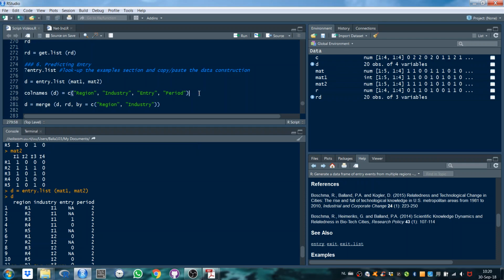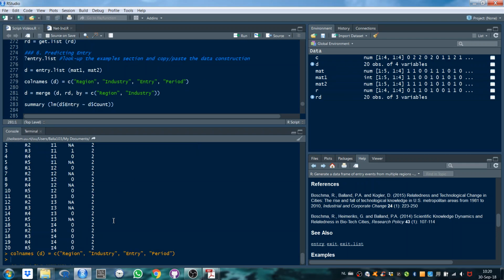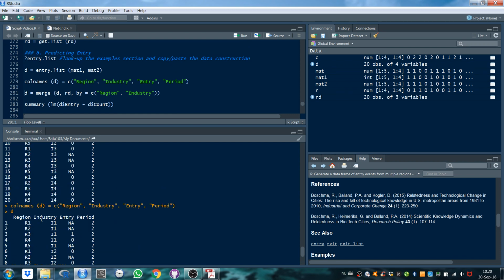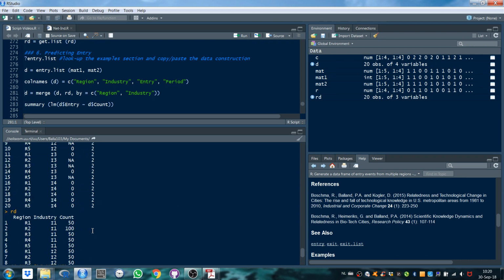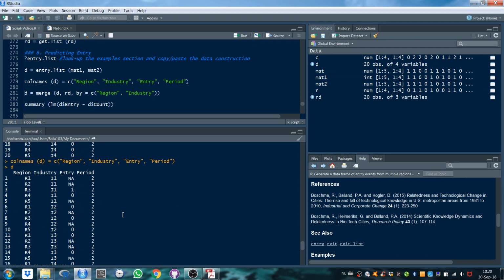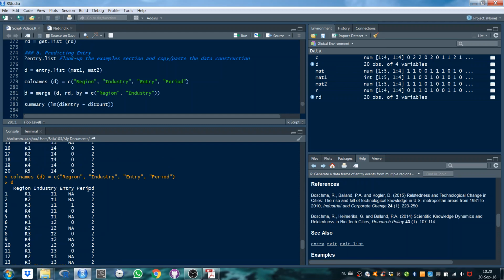Now we're just going to rename this column name here. So in this case we get region, industry, entry, period, because it's going to match with our relatedness density data frame. Remember, the relatedness density data frame was like this: region, industry, count, and now we have region, industry, entry, period.